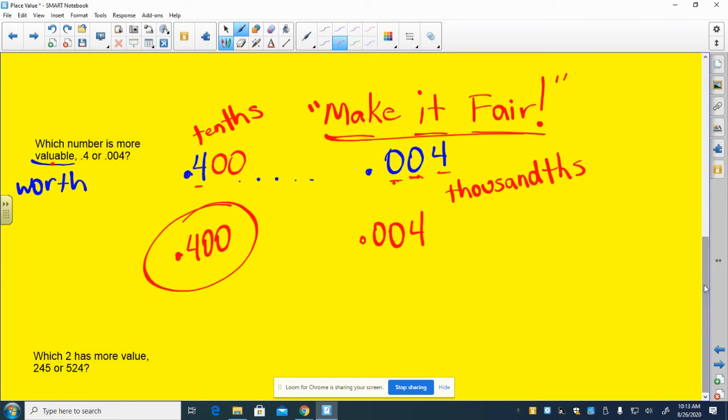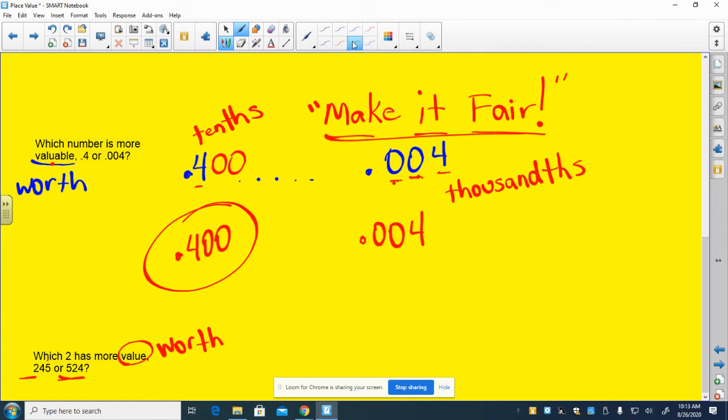And the last type of question, which 2 has more value? And again, we're looking at value. It wants to know what the number is worth. But it's not asking which one's bigger, 245 or 524. By this point, you know that answer quickly.